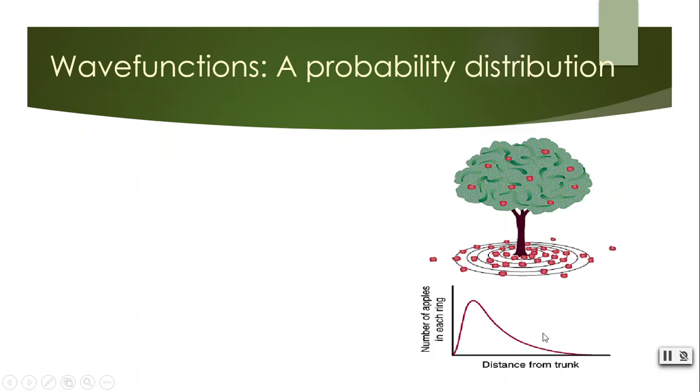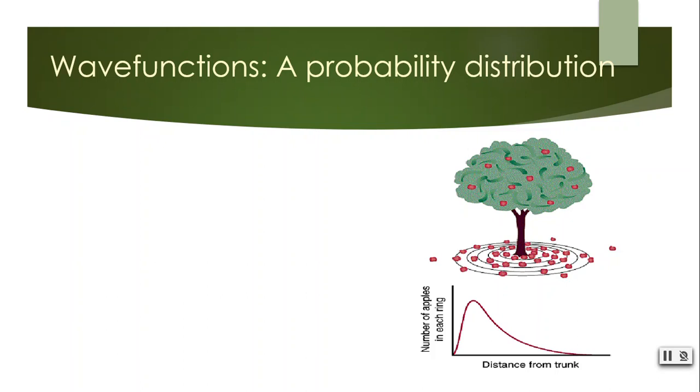And if you had me for intro chem, you have seen this figure before. If you think about probability with regards, not so much to an electron right now, but think about it with regards to where an apple falls from a tree. If I was to make a prediction as to where an apple was to fall from the tree, I can make some sort of estimation as to where it would fall, but I wouldn't know exactly where it fell.